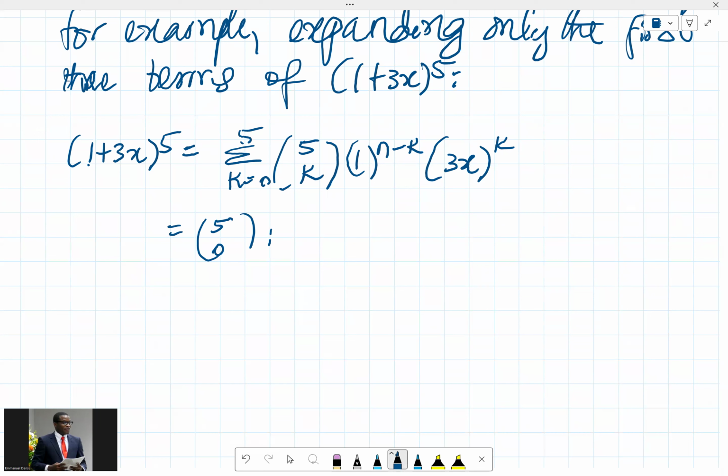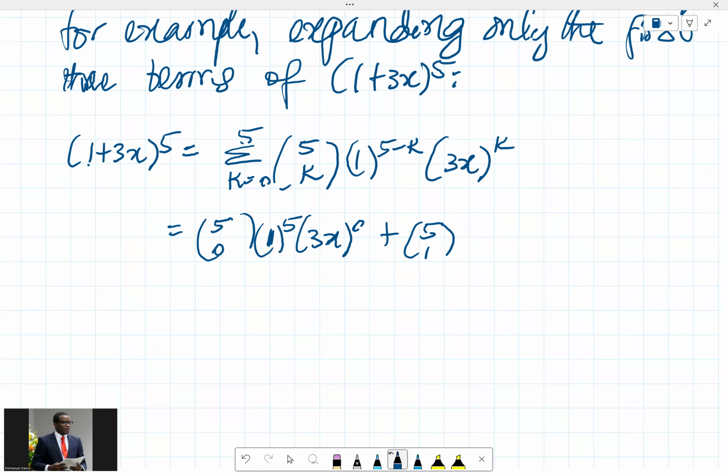Okay, I mean, this actually should be 5 since we know n already. So this is 1 raised to power 5, then 3x raised to power 0. That's the first term. We need just three terms.